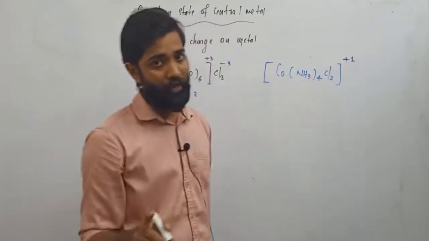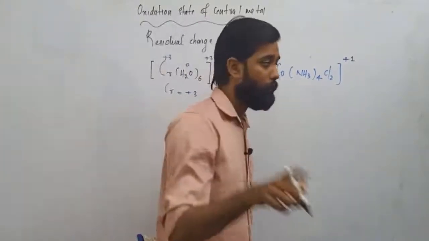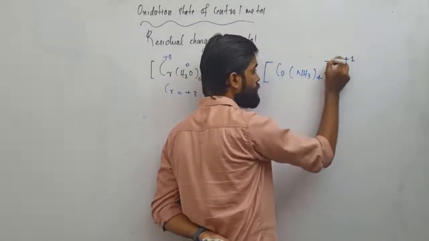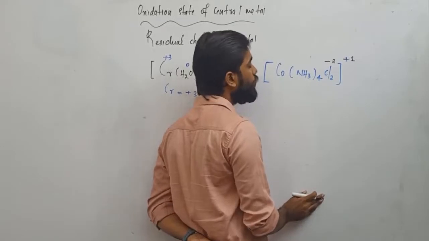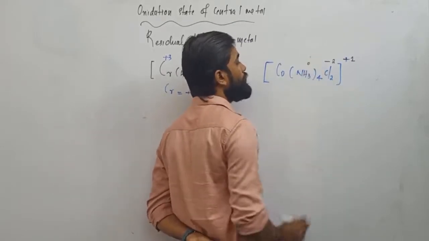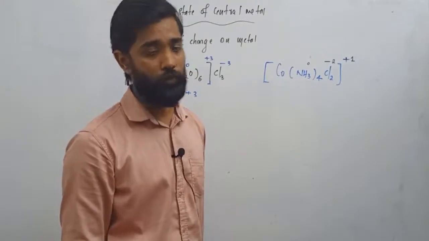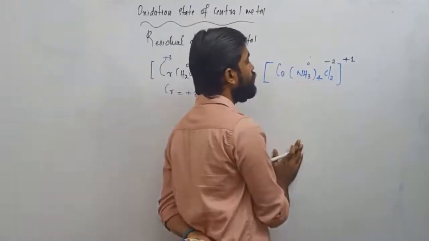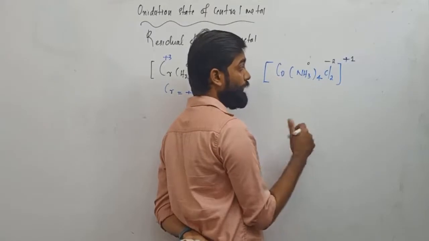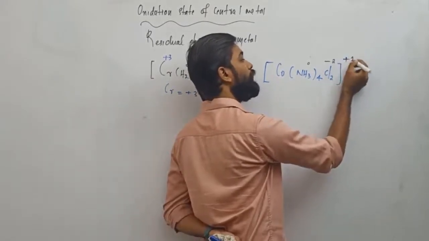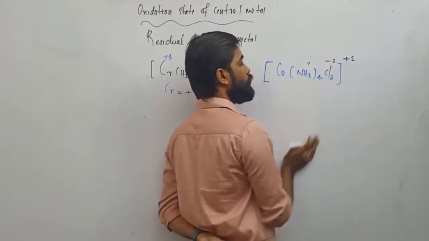Chlorido, Cl, has a charge of -1. So 2 chlorines are there, so they will offer -2. And 4 ammonias, each ammonia, which is the ligand ammine, has 0 charge. So 4 ammines offer 0. It is very interesting to note that the answer is +1, but there is also a -2.